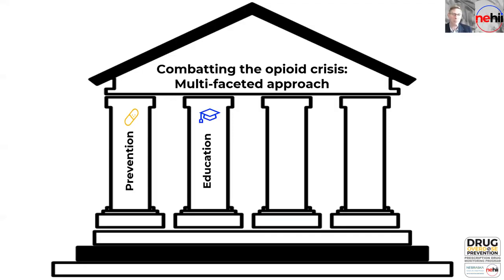Education is another important pillar for combating the opioid crisis. Education not only with healthcare professionals, such as physicians, pharmacists, or pharmacy technicians, but it also involves education for the public. And this education starts as young as elementary school. It could be from first, second, third graders through middle school and into high school and beyond.